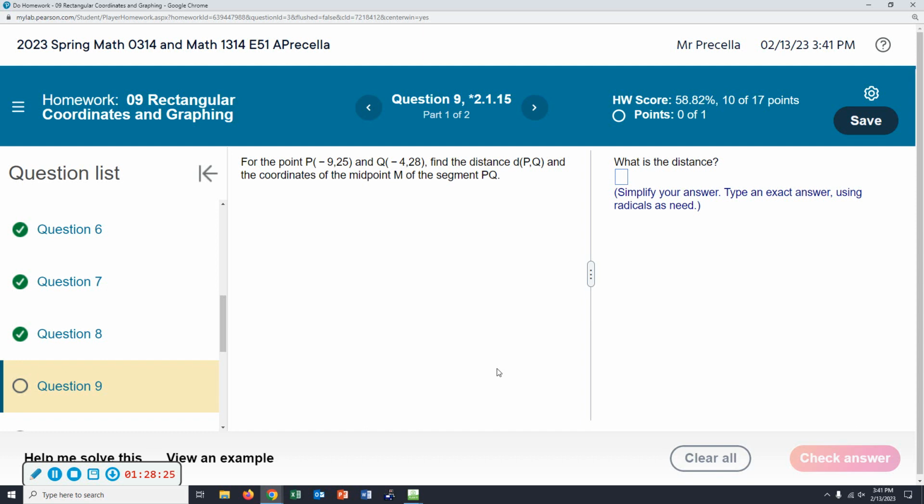And the point Q is -4, 28. We're going to find the distance, which they're denoting D, from P to Q, and then find the coordinates of the midpoint. They're calling the midpoint a capital N.